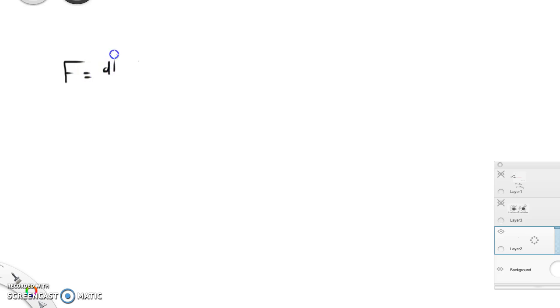So we were just discussing the relationship between momentum and Newton's second law, and we said that force was equal to the rate of change of momentum. And I'm going to write it as dp/dt, okay? Which means that the change in momentum, well, let's look at it like this.